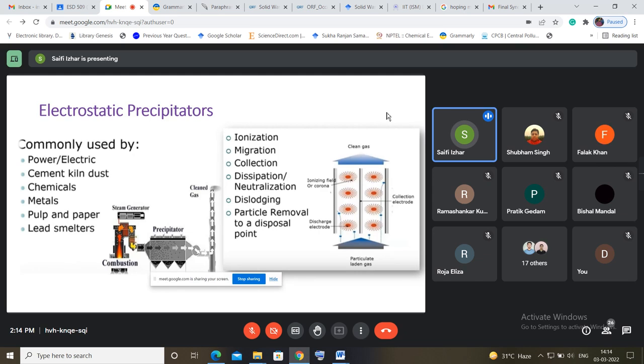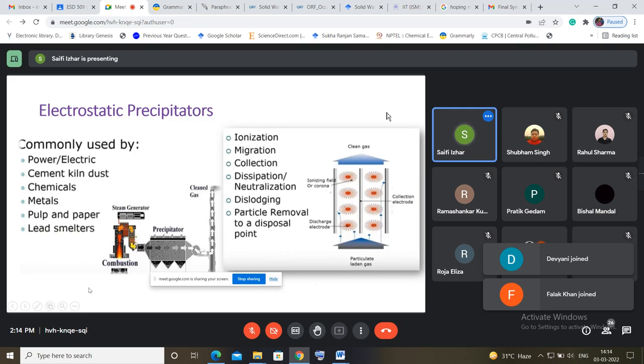But we know that we can't go to a finer size because it will require significant pressure drop and operational cost will get higher. So then there is another technique called electrostatic precipitator, which is basically driven by the electrical force that is induced on the particle.